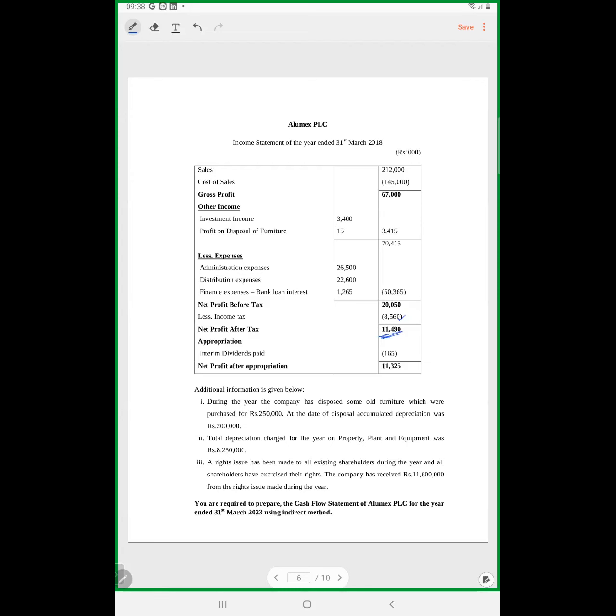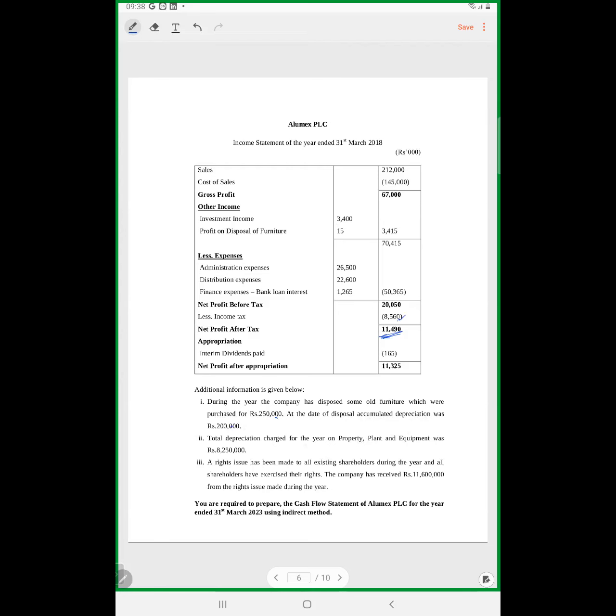During the year, the company has disposed some furniture which was purchased for rupees 250,000. At the date of disposal, accumulated depreciation was 200.